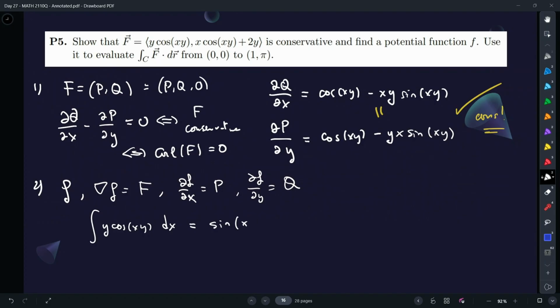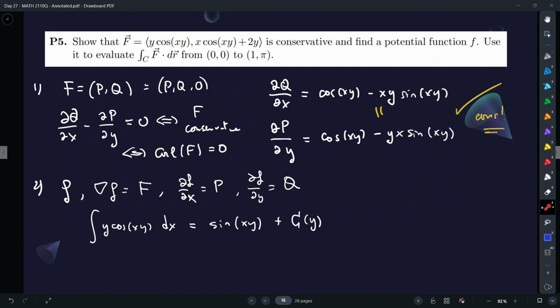Sine xy, did you say plus c? Or plus a function of y. Plus a function of y. So it is a constant, but that constant can depend on y. So just so you don't forget that this is not just a number, that it is a function of y, you should call it something and say with parentheses y, to remind you that it can depend on y.